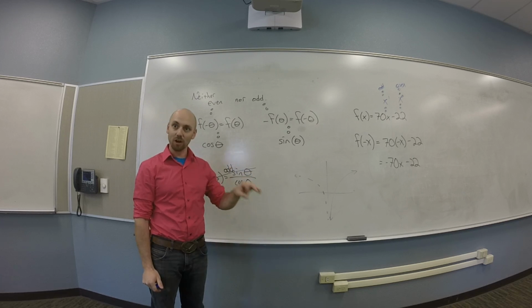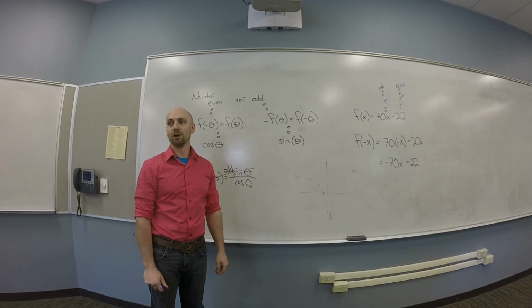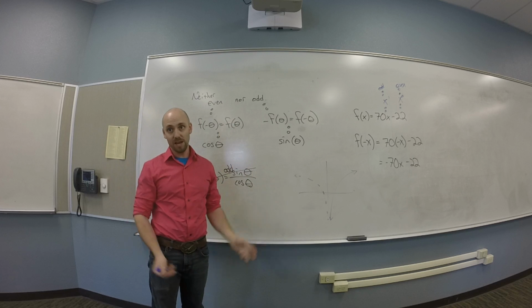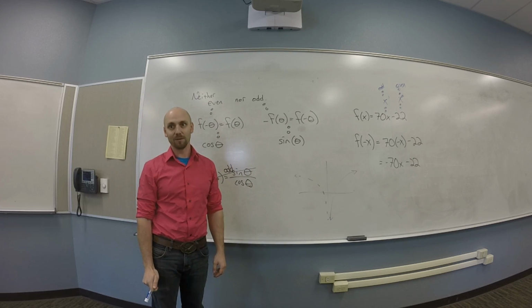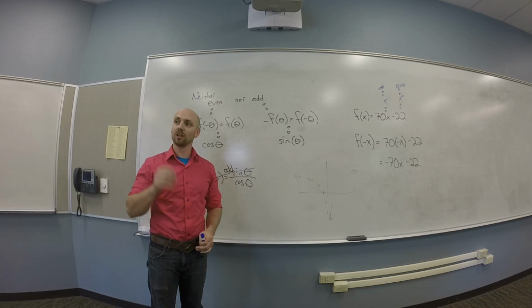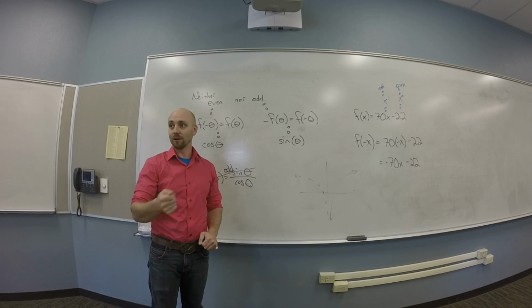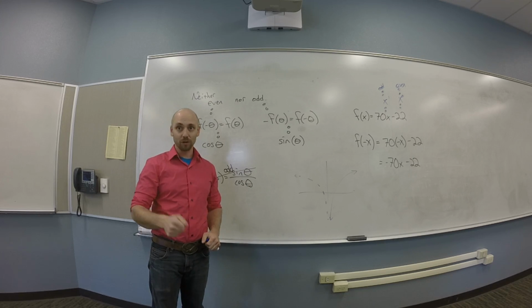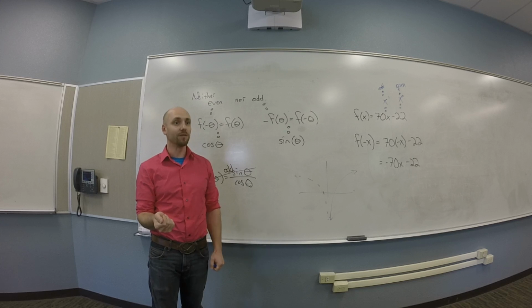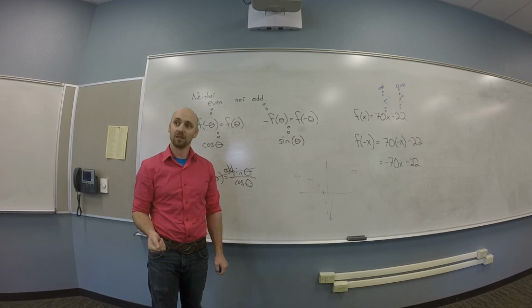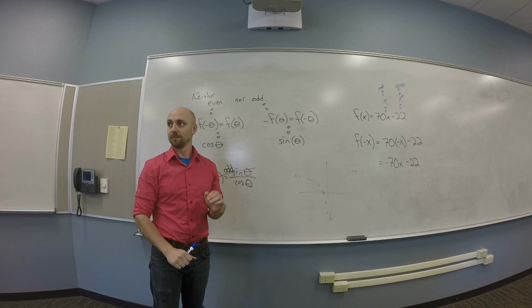So if you pull a random function out of the air, it's probably not going to be even or odd. A lot of the functions you guys know, the easy functions you're going to pick up right away, are one or the other. But those are special functions. We study the functions we study for a good reason. Does that make sense? Yeah, I think it makes sense.